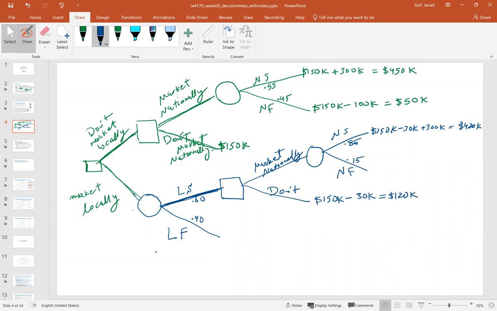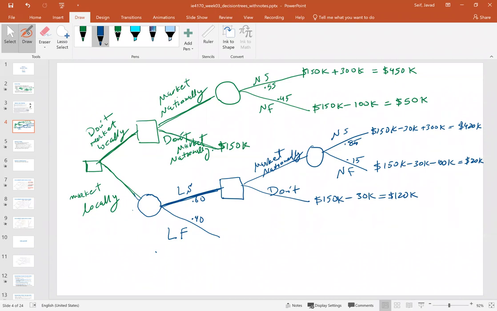Okay. And if it's a national failure, it's the worst. You had 150, you spent 30K for local, and then you also lost 100K for national failure. So now you're left with only 20K. This is probably definitely the worst case.